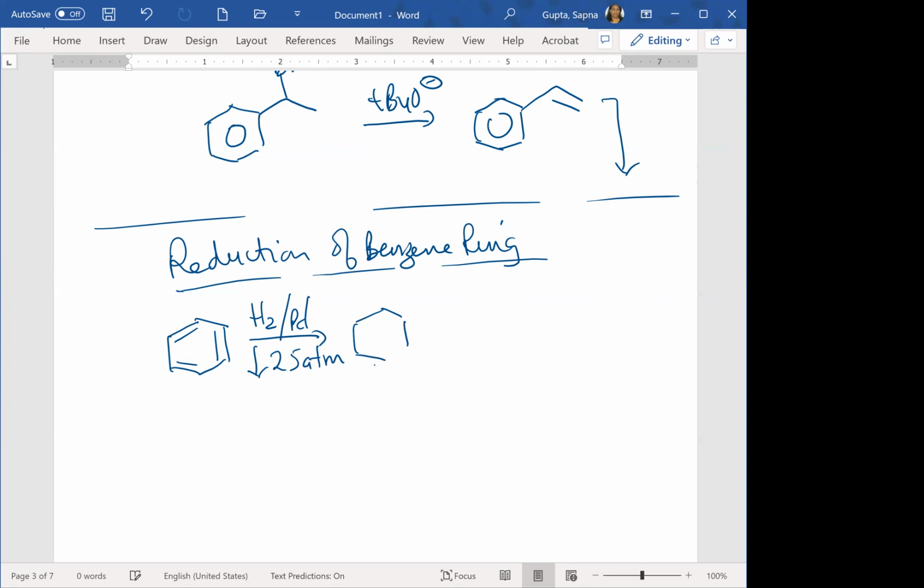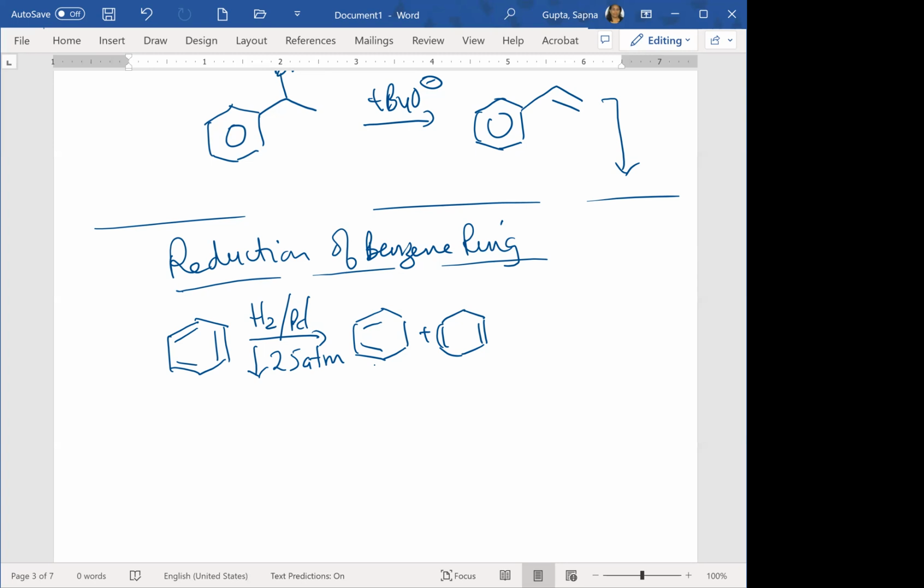And then you end up getting reduction, which now, after the first one, is not a problem anymore, because after that there is no more aromaticity. You started with an aromatic benzene, so that's an issue because that's very hard to reduce.